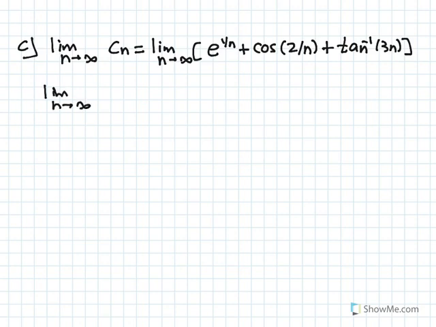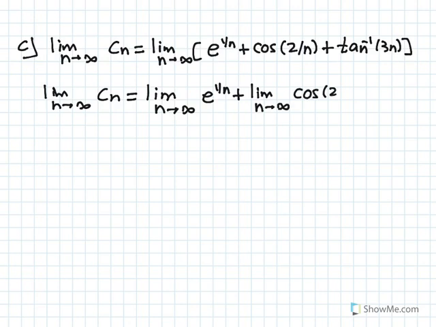The limit as n goes to infinity of Cn is equal to the limit as n goes to infinity of e to the power of 1 over n, plus the limit as n goes to infinity of cosine of 2 over n, plus the limit as n goes to infinity of arctan, tan minus 1, of 3n. All right, so what do we get?